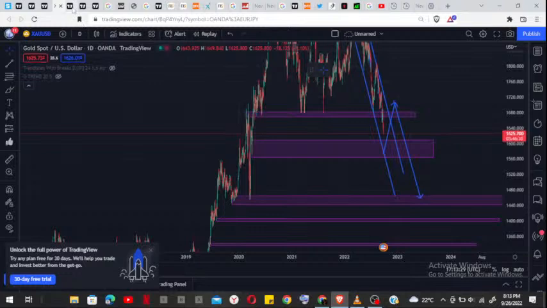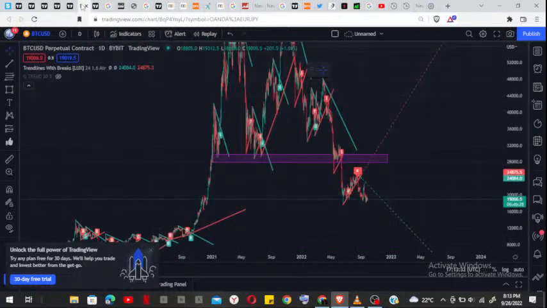Remember that when it comes to BTCUSDT, we had people talking about it dropping to around zone 14, zone 10, or around up to this point over here. Let me just draw.